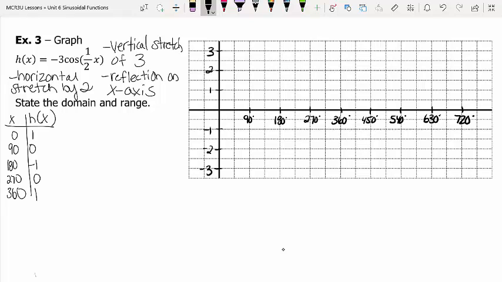Okay, so there are the key points of our base graph. So go ahead and plot those on the graph because you always want to start by graphing your base graph. Okay, so we'll label it because we're going to have more than one graph on this grid.